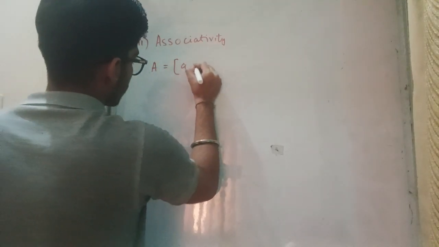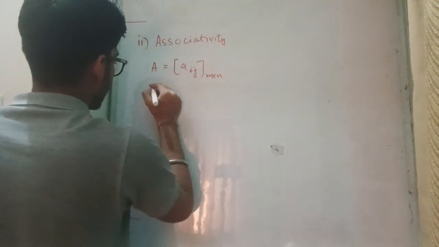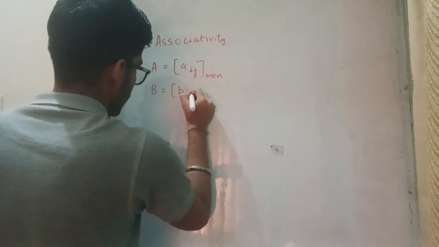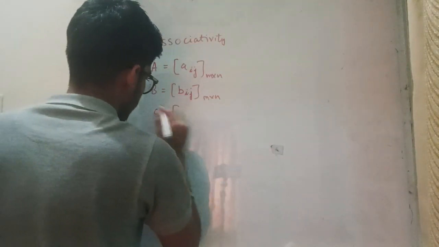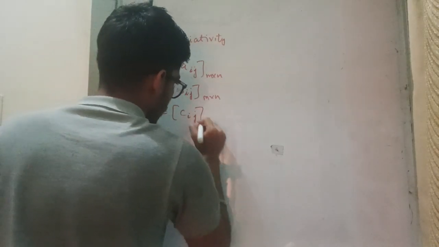Matrix A represented this way, and it has an order of m cross n. Matrix B, and a matrix C. Right.